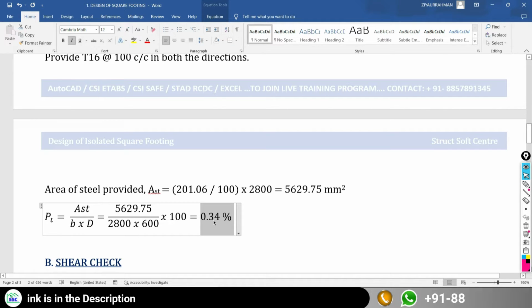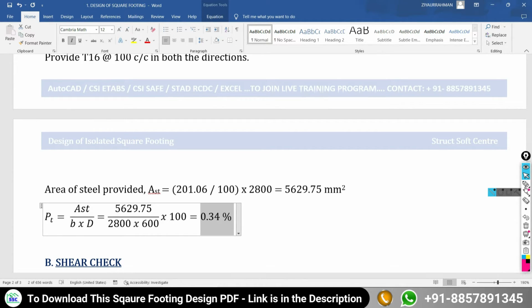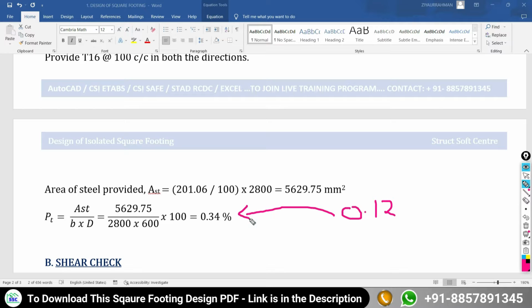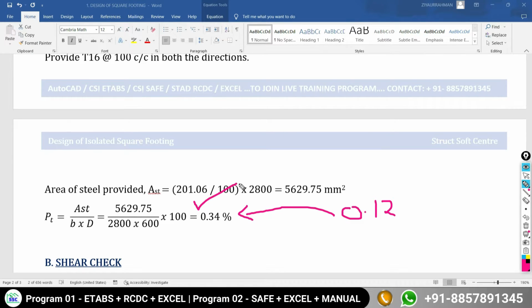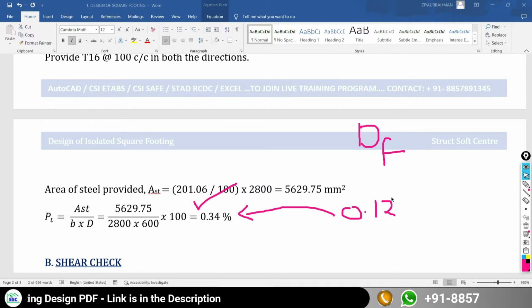Along the width of the footing, 0.34% is there. And the minimum requirement is 0.12%. So we have provided more than the minimum requirement. Means our design is safe in flexure in respect of the reinforcement and the depth of the footing. Now we only have to check for the punching shear and the one-way shear.